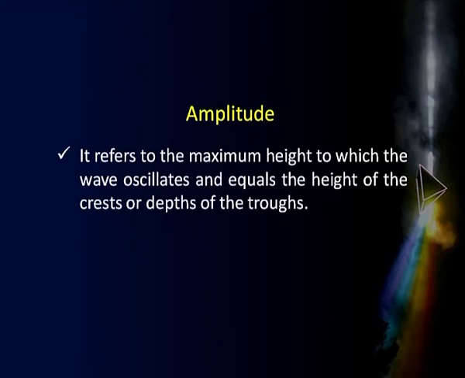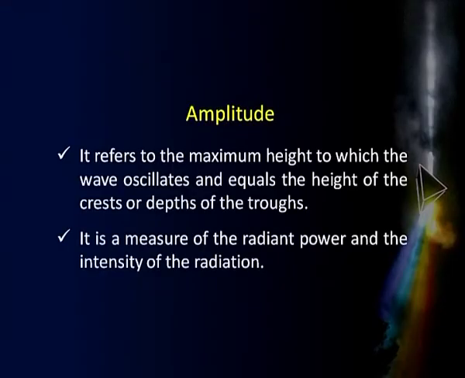Amplitude refers to the maximum height to which the wave oscillates, and equals the height of the crest or the depth of the trough. What it means is, you just saw a wave moving like this. When the wave is moving, what is the maximum height to which it goes? What is the minimum there? So, the maxima of the crest and the minima of the trough.